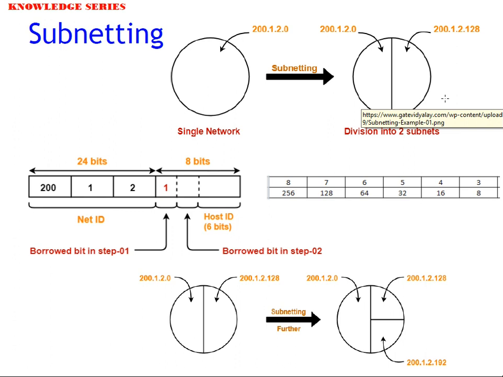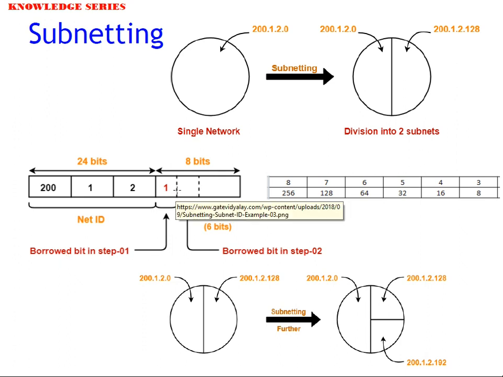Now if you are going with the case of 3 subnets, see this. You are borrowing one bit from the MSB, so you will have a 1 here, and you borrow a bit from the next position, so it becomes 0 in this scenario. So the bits can be either a 0 or a 1.